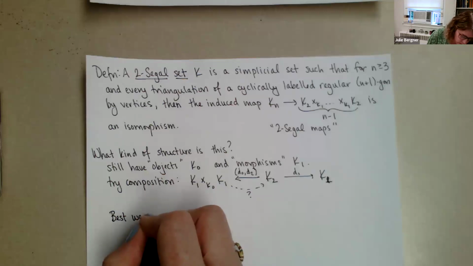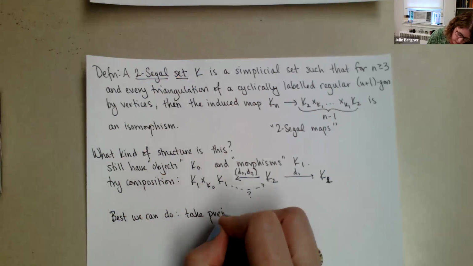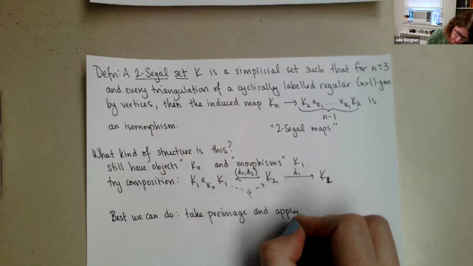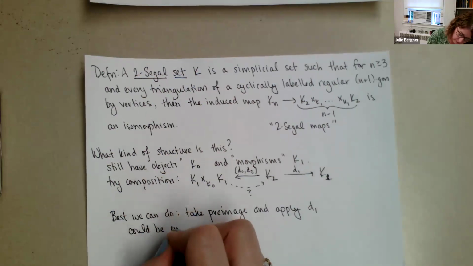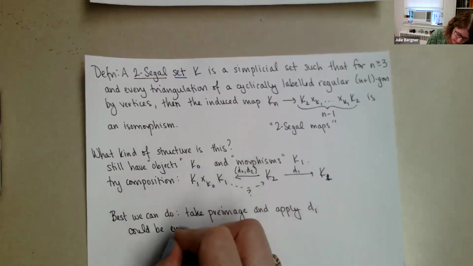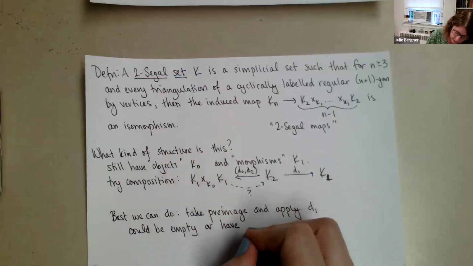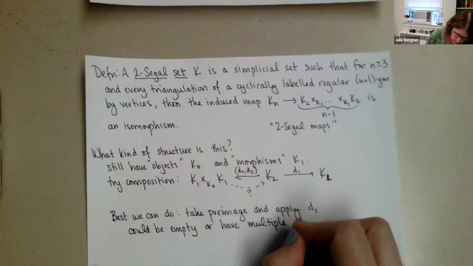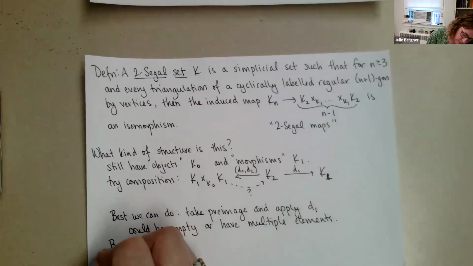So this could be empty if this map is not surjective, or the pre-image could have multiple elements if this map is not injective.